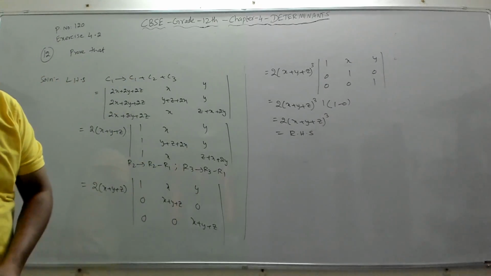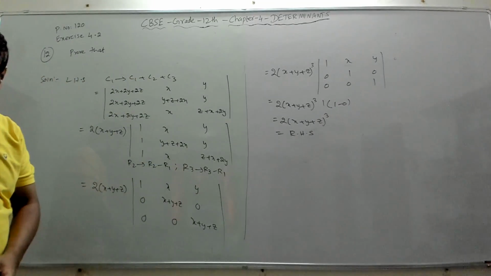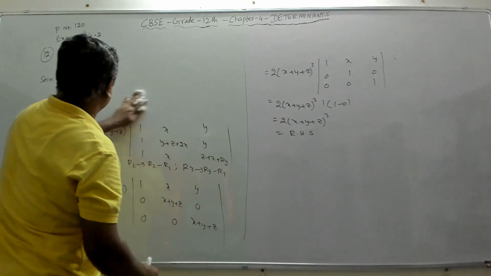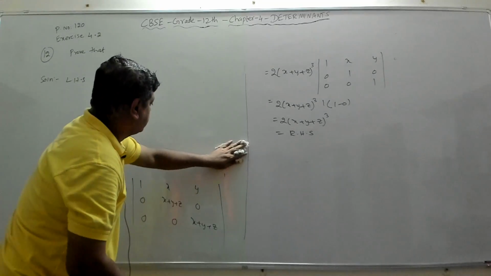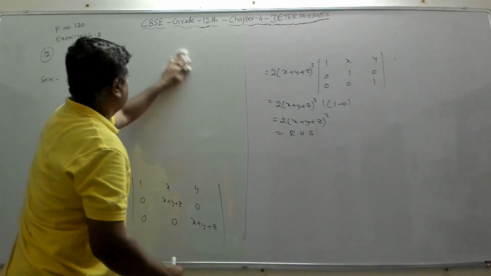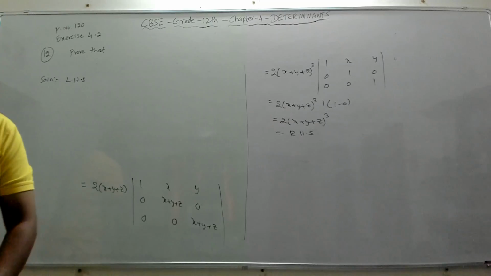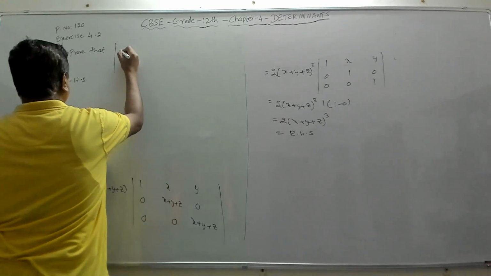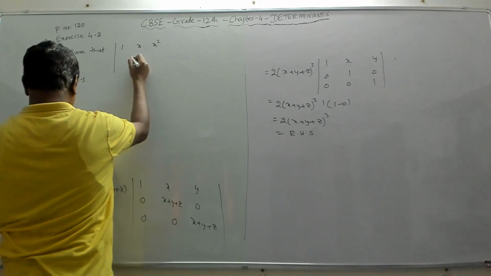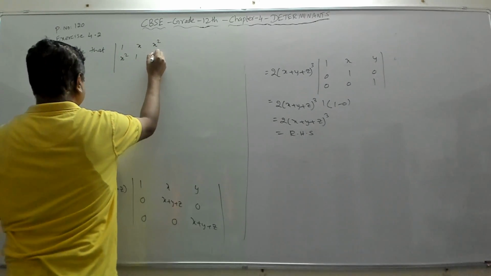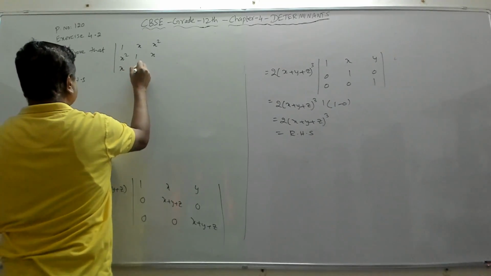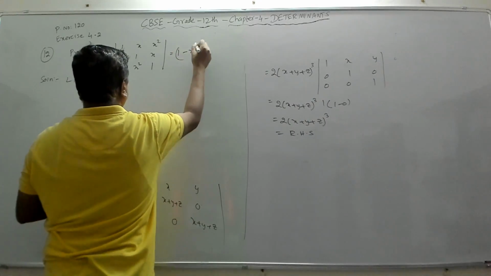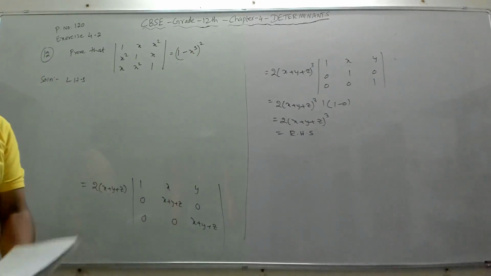We have to prove that, I'll erase all these, determinant 1 x x square, 1 x, x square 1. Value of this we have to prove as 1 minus x cube the whole square.